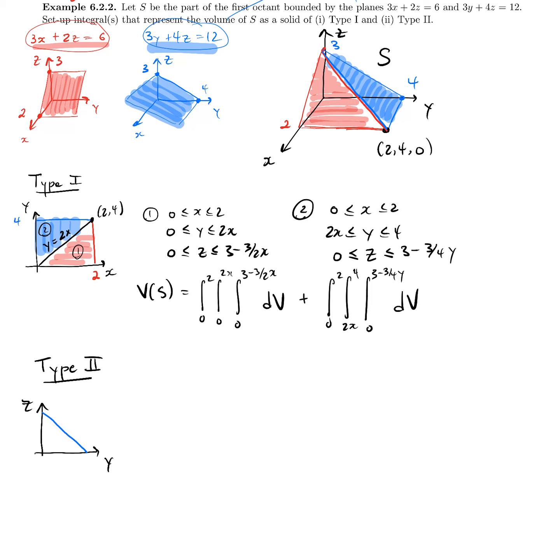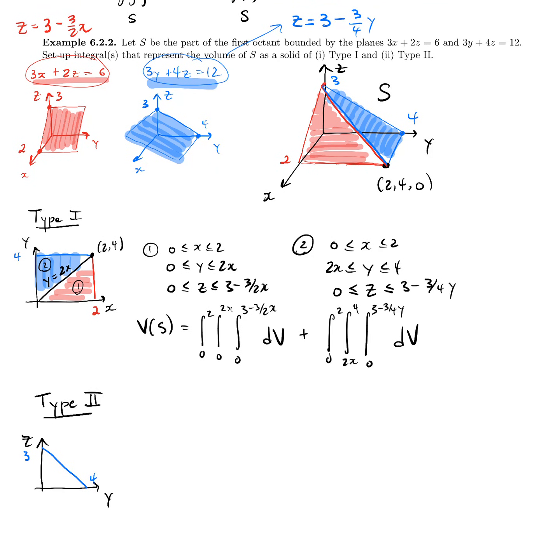And that triangle has equation. Well, this is when z was 3, when y was 4, and that turns out to be exactly the same equation that we had up here, that z is equal to 3 minus 3 quarters y.